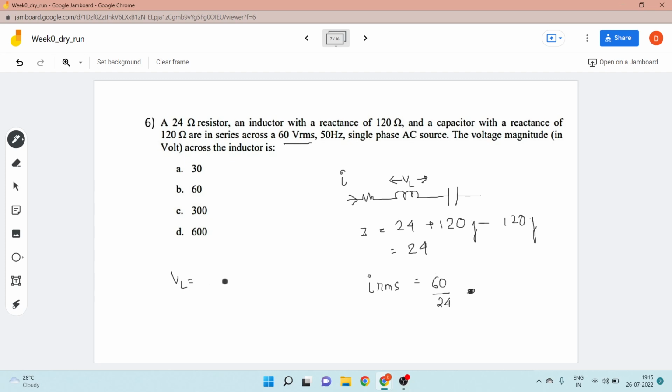Since the reactance is given, we can calculate 60 by 24 into 120. So if we cancel, it will be 300. So it will be 300 volt across the inductance.